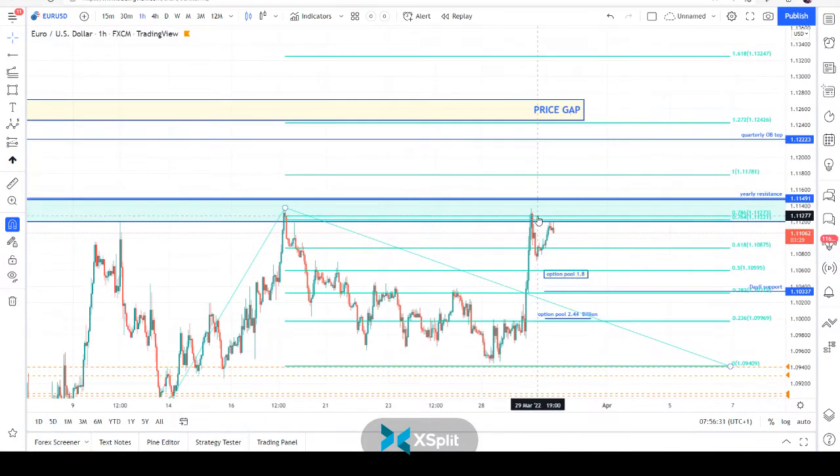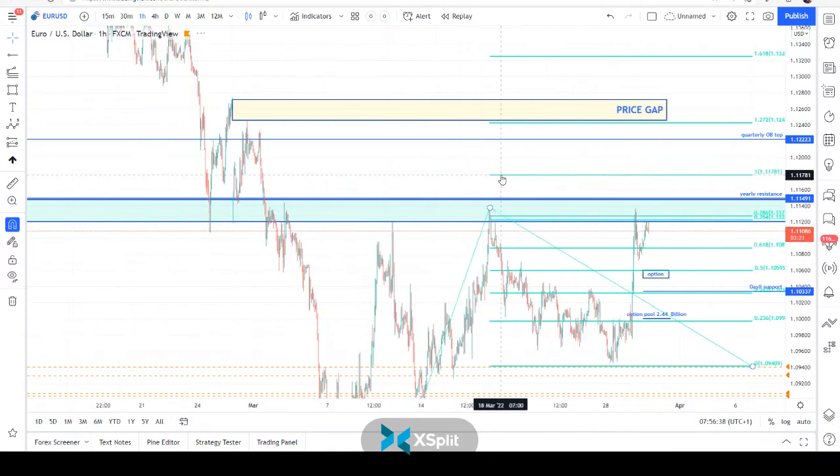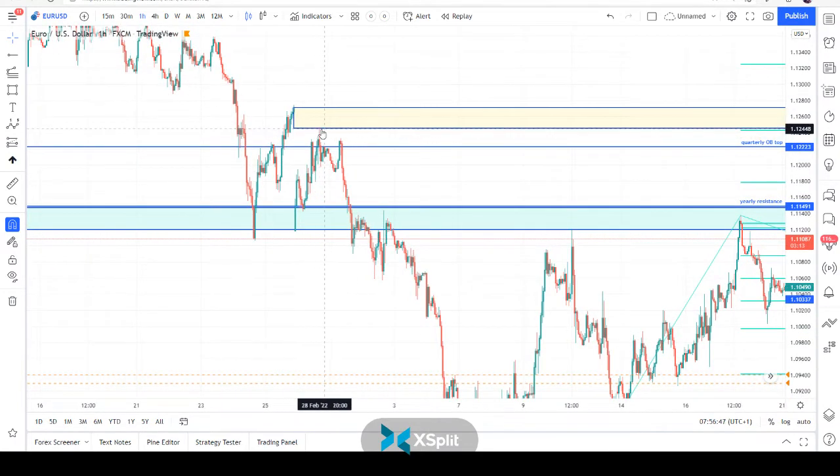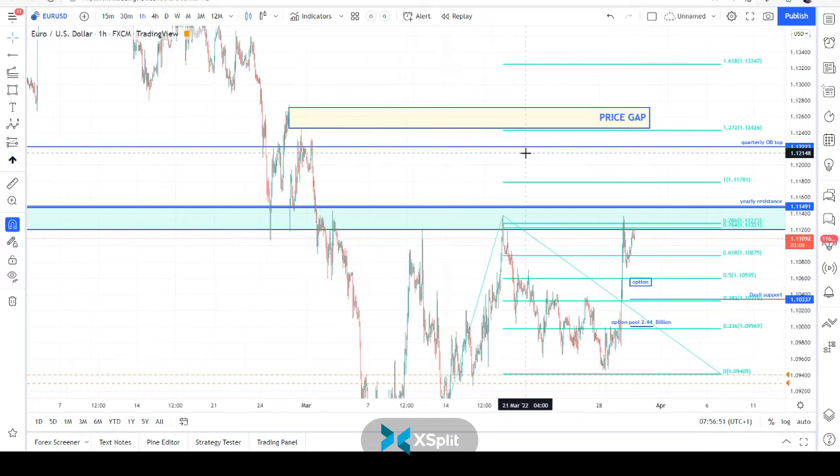You see yesterday we mostly stopped on it, and we just made a perfect double top on this level. Another important thing for the future, as I just said, is the 1272 extension, which is this big gap. We have a big price gap here. The bottom of this price gap is together with the 1272 extension for the future.